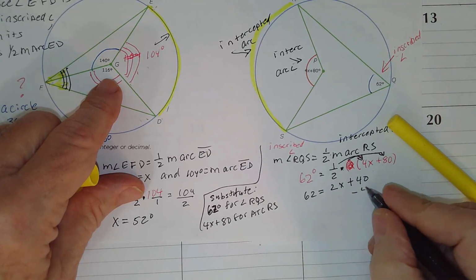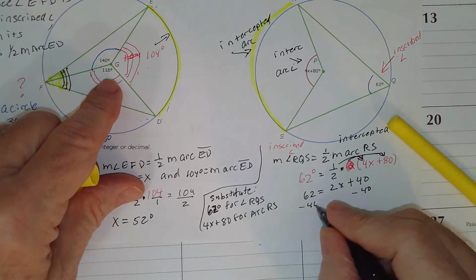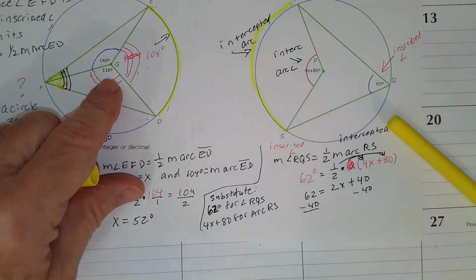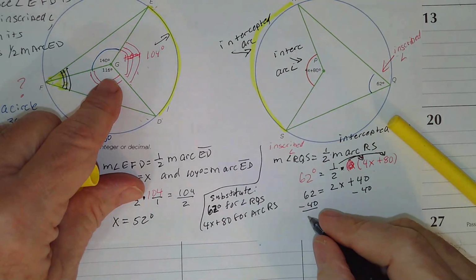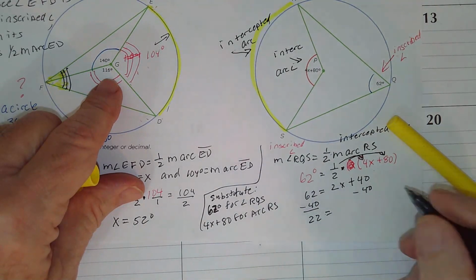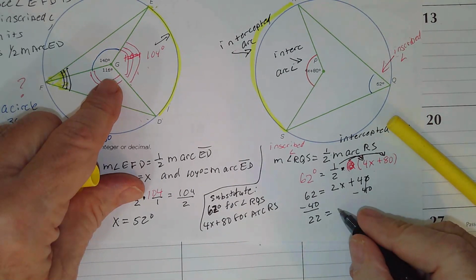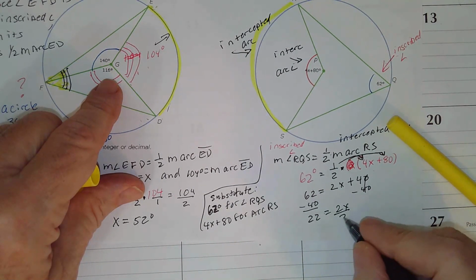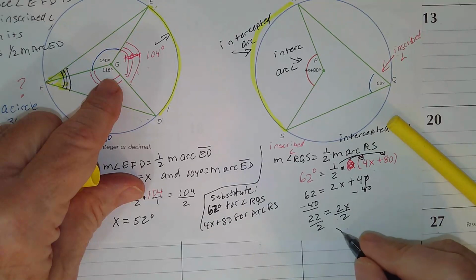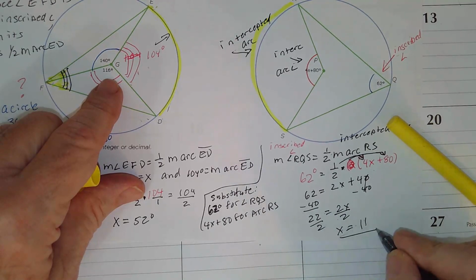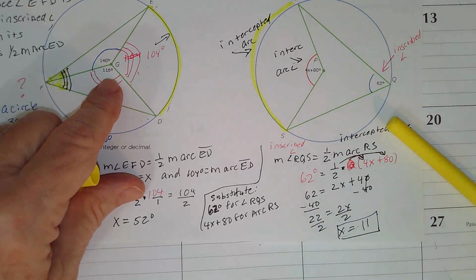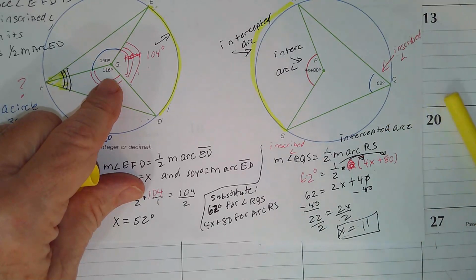Now subtract 40 from both sides. 62 minus 40 is 22 equals 2x, now divide by 2, and you get x equals 11, which is your solution. Okay? So that's it.